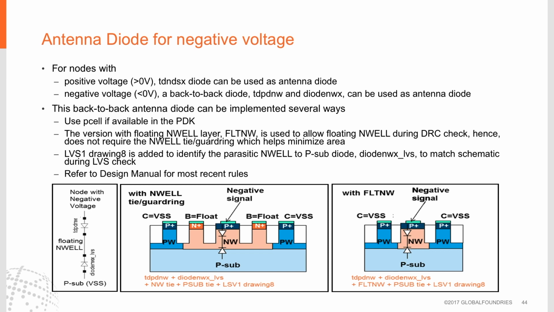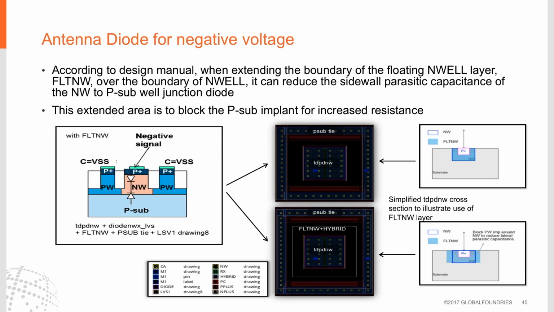Now, the layer purpose pair LVS1 drawing 8 is added to identify the parasitic N-well to P-substrate diode, and the diode NWX LVS device is used to match the schematic during LVS check. You should refer to the design manual for the most recent rules.